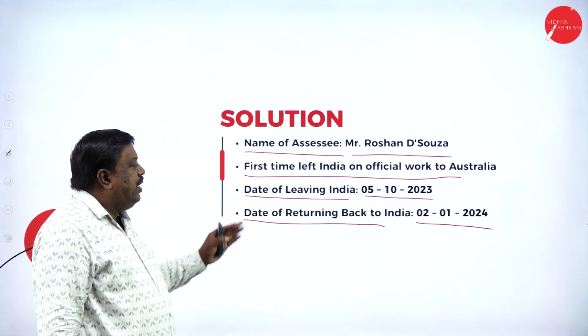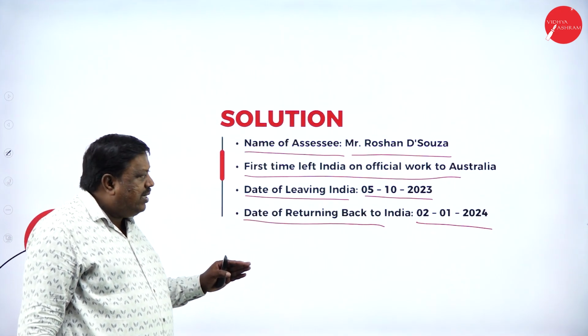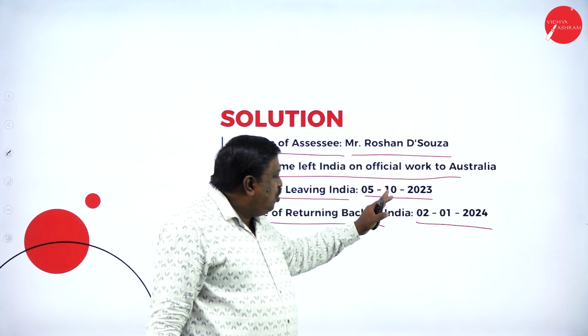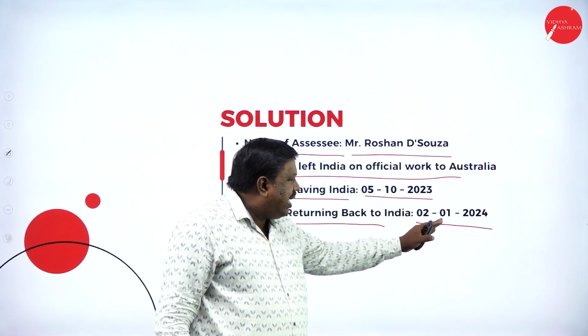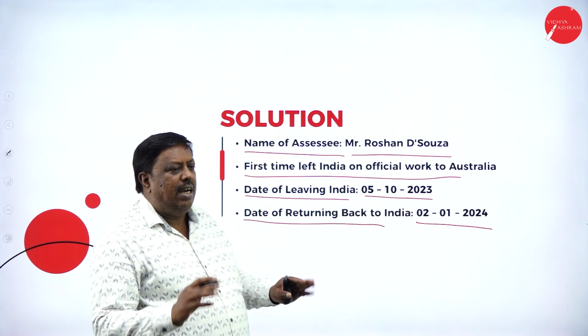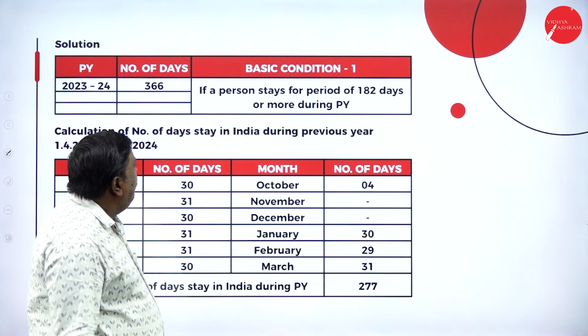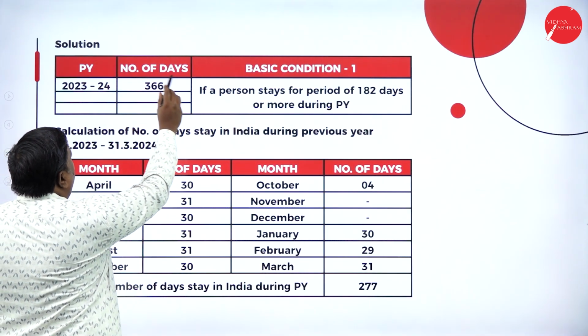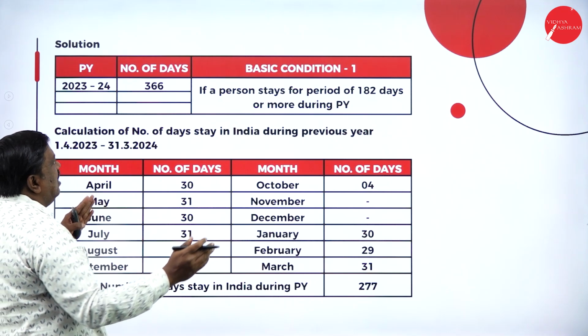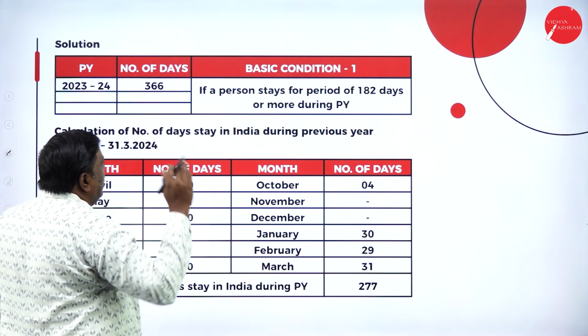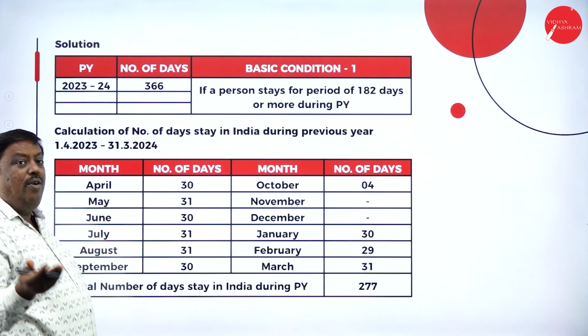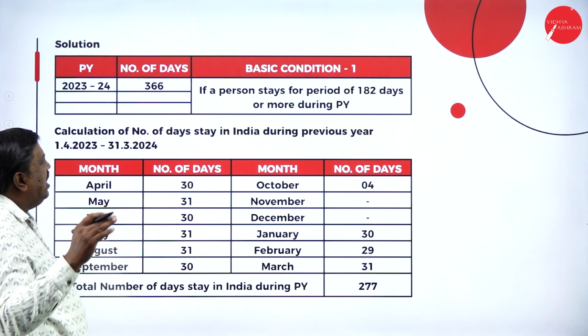This happened during the previous year. From October till January 2nd, he was not in India. So we'll determine now. Number of days in the previous year, 366, because it is a leap year, February has 29 days.